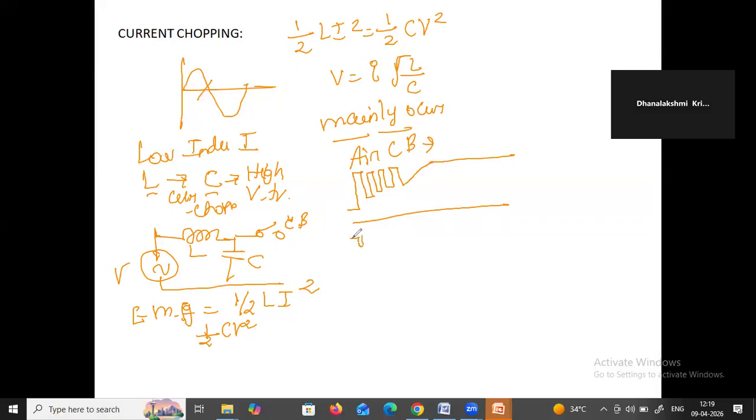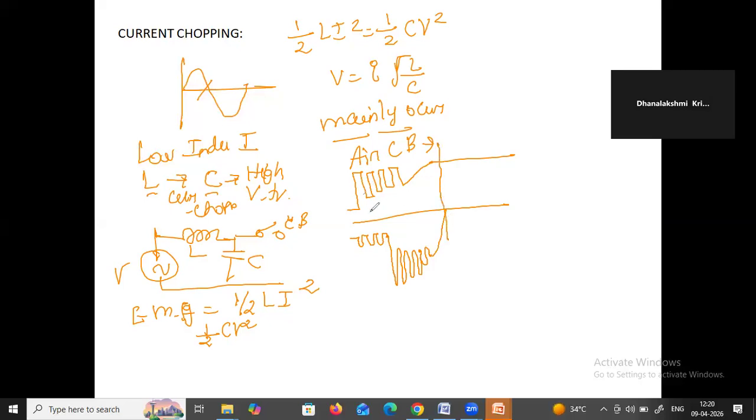So this is the arc voltage. Suddenly the transient voltage increases the voltage level. After some time, it will recover at the zero initial condition.